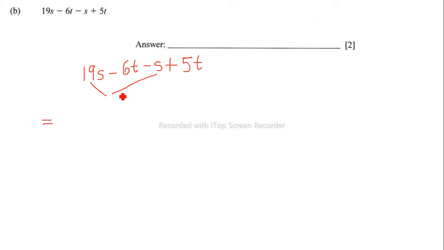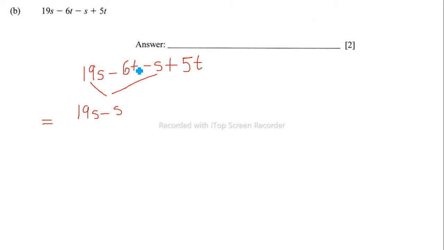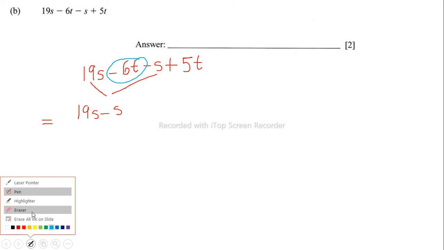19 minus s is going to be... so we got to group the s's together. So 19s minus s. Then we got to group the t's together. I'm gonna take the whole side, and let me make sure you see exactly what I'm doing.